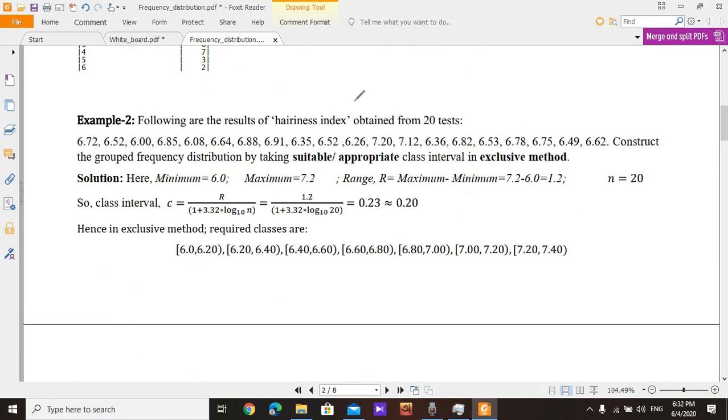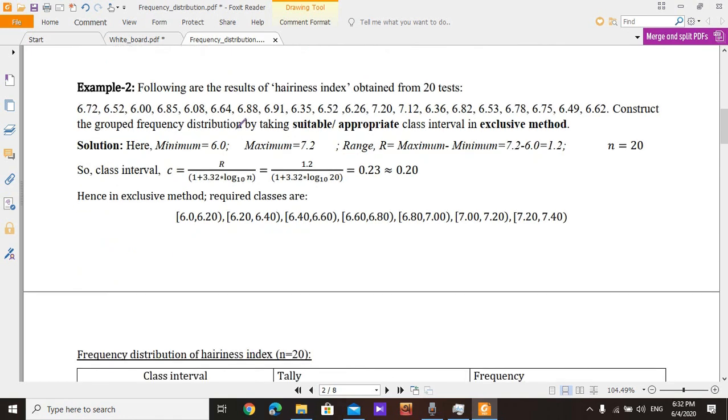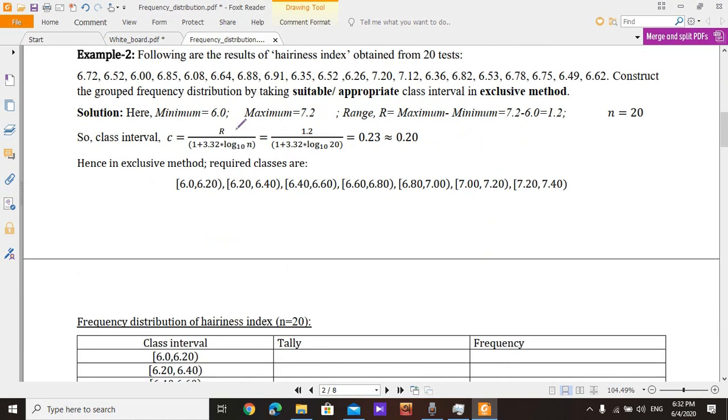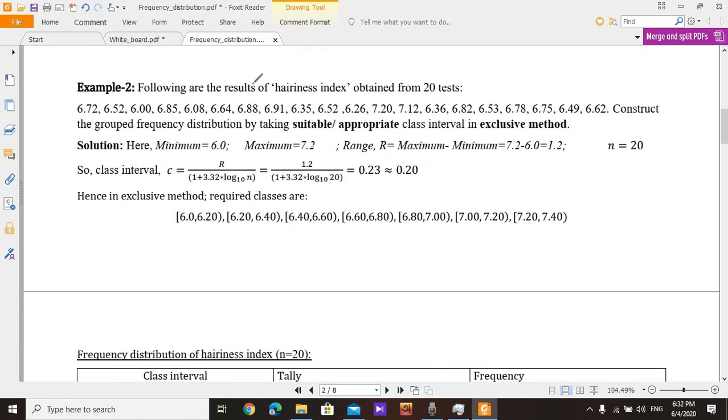In example 2 we will construct a frequency distribution from grouped data. Here are the results of hardness index obtained from 20 tests. We have to construct a grouped frequency distribution by taking a suitable class interval in the exclusive method.